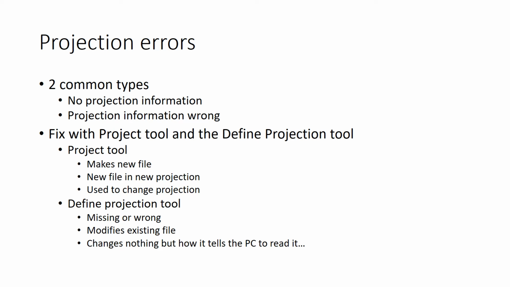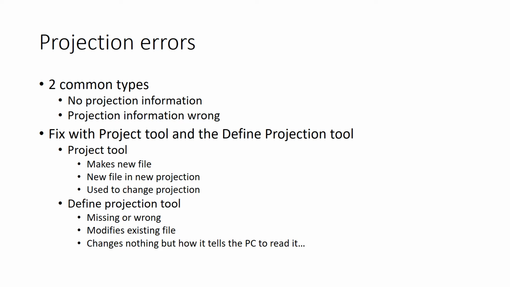The other problem we have, it's not really an error, is data is not in the projection that we want. We'll talk about that in a bit, but for now, when we have something that is projected wrong or doesn't have its projection information defined, we fix it using the define projection tool.